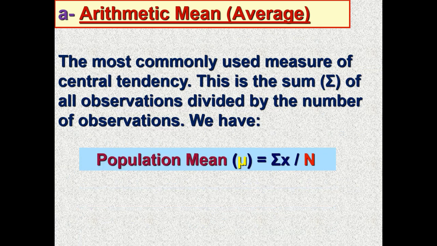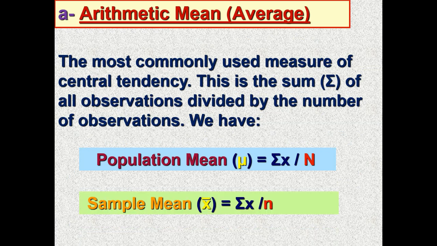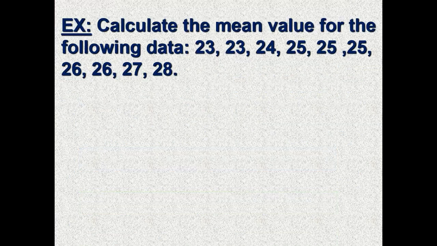We have population mean ويكتب بالرمز mu اللي يساوي لنا sigma or upper letter sigma of x divided by N، وsample mean ويرمز له بx bar يساوي لنا summation of x divided by small n اللي معناها هذا الsample mean.